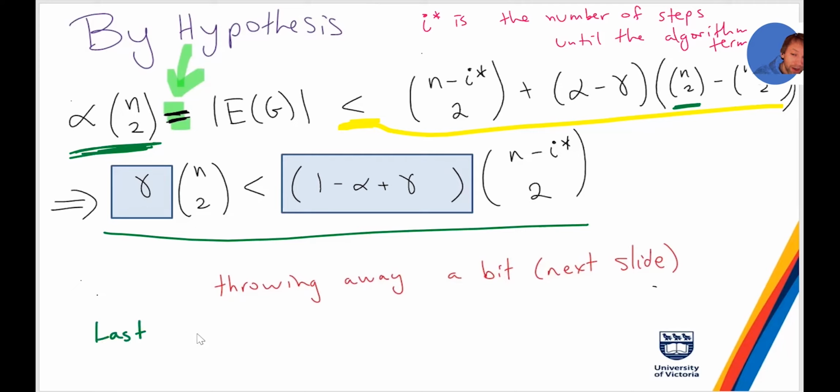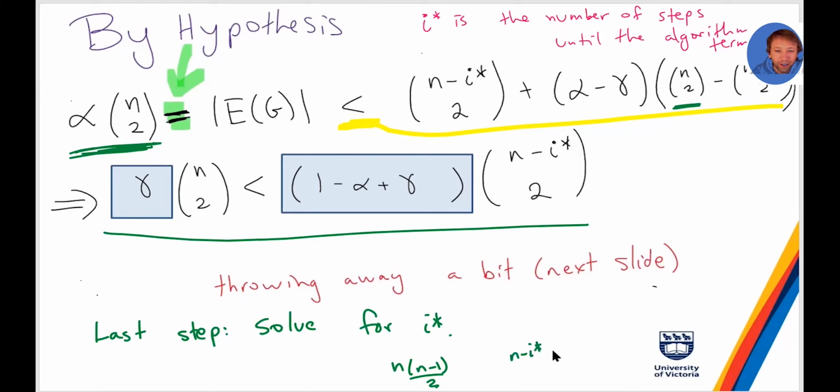Basically the last step is to solve for I star, which is kind of a pain because one annoying thing about n choose 2 is that it's not the same as n squared over 2. I mean, n choose 2 is n times n minus 1 over 2, which is almost the same thing as n squared over 2.